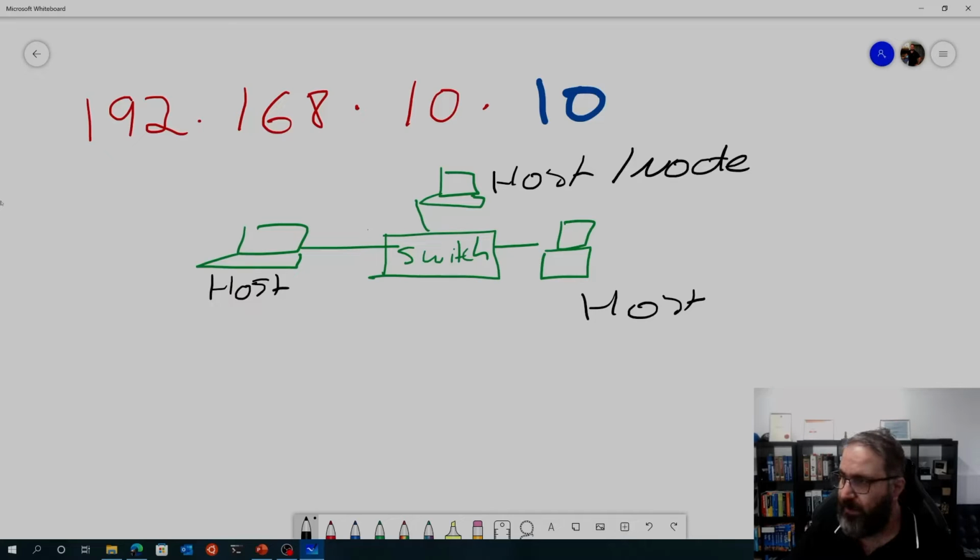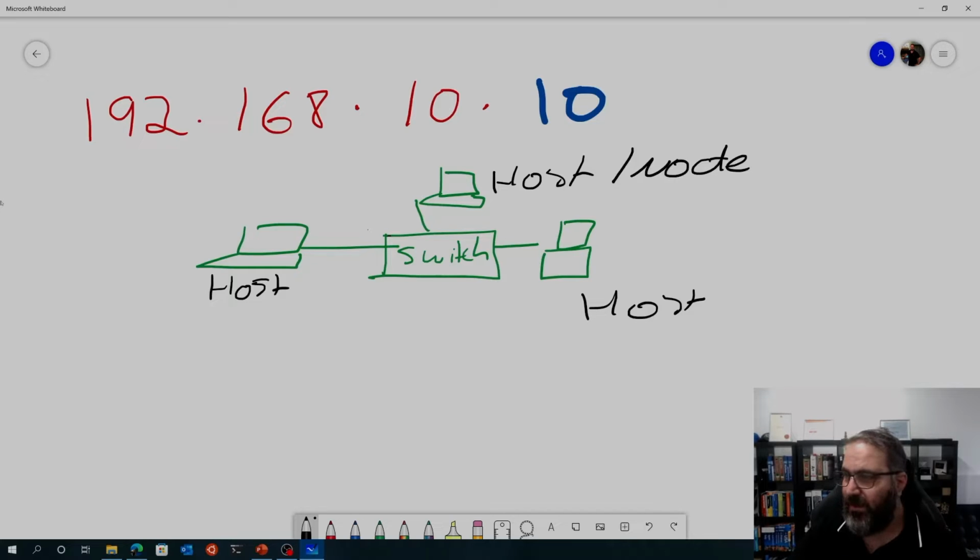The switch at the moment, out of the box, when you open it and it's just doing layer 2 switching, is not a host itself. Just ignore this part if you're still really new at this.